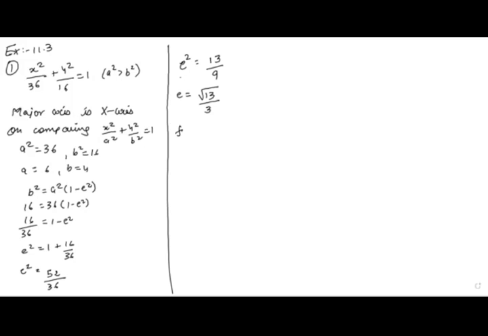Now coordinates of foci is plus minus a comma 0, plus minus value of a 6, eccentricity is root 13 by 3 comma 0.